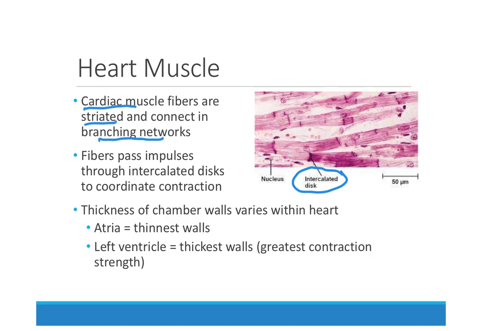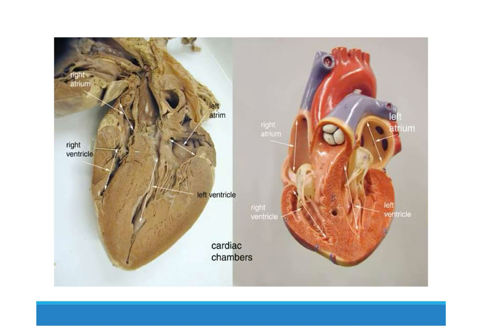The thickness of the muscle in the different chambers of the heart does vary because some parts of the heart just don't have to contract as hard to move the blood. So the atria on the right and left side have the thinnest walls, and then the left ventricle, which is pushing the blood to all parts of your body, is going to have the thickest walls, and the right ventricle is in between. And so the amount of muscle there also will affect how strong that contraction can be.